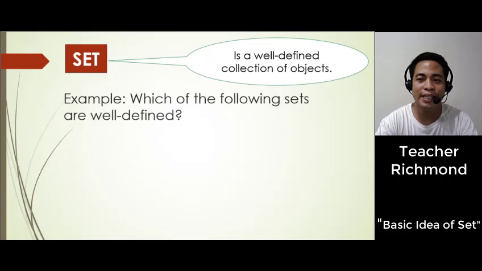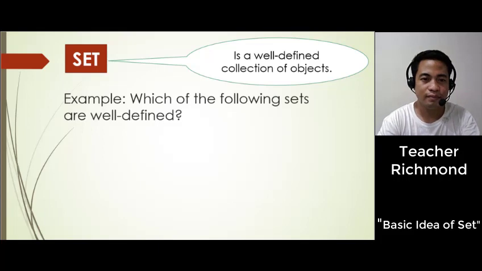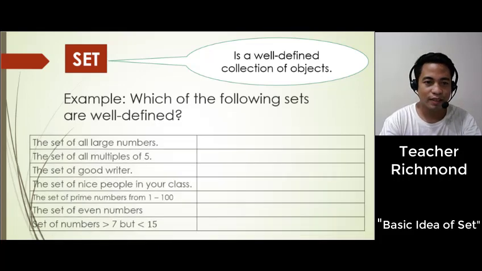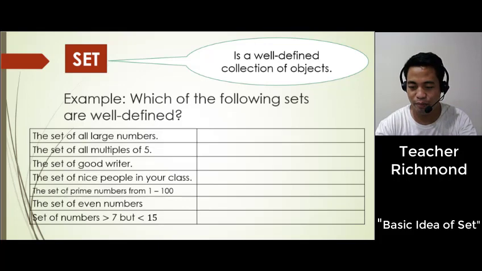Well-defined means that the elements or the members of that set are definite and distinct. Example, which of the following sets are well-defined? So let's look at this. The set of all large numbers.